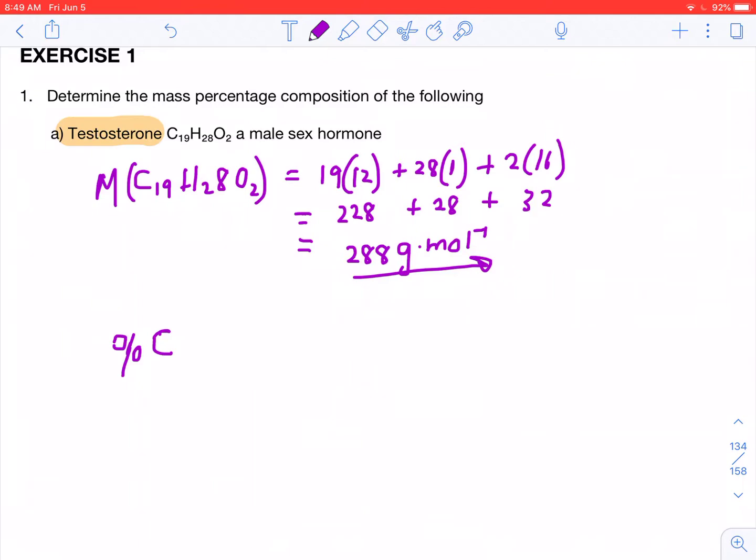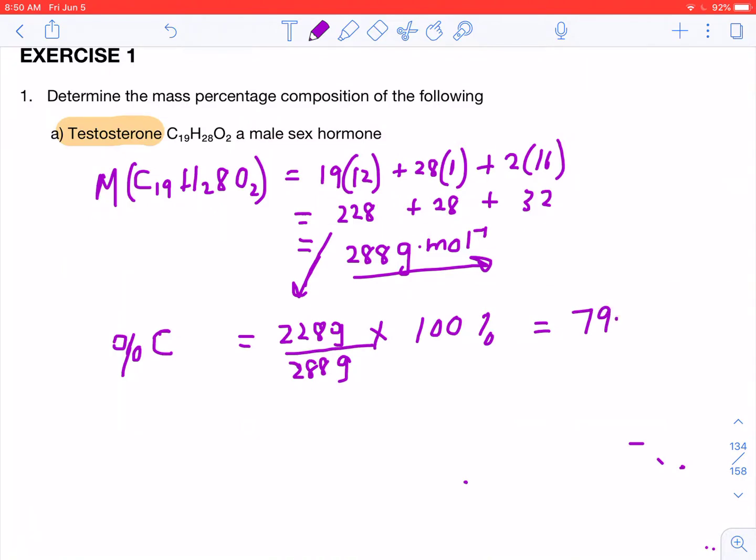So we say, alright, that is equal to 228 grams upon the total of 288 grams times 100, and that, okay, we can say percent, is equal to 79.2%.